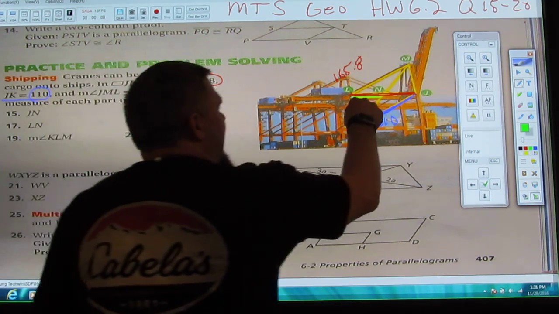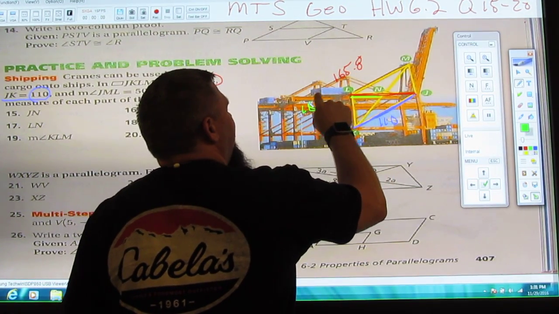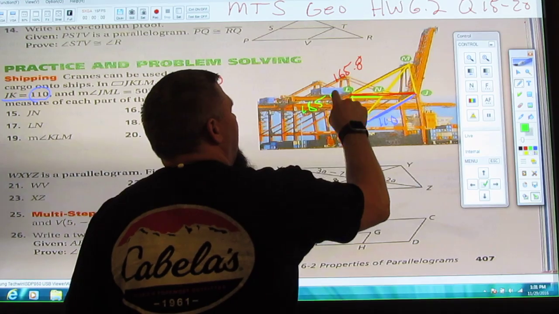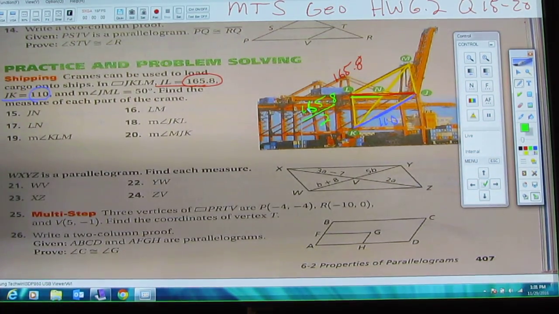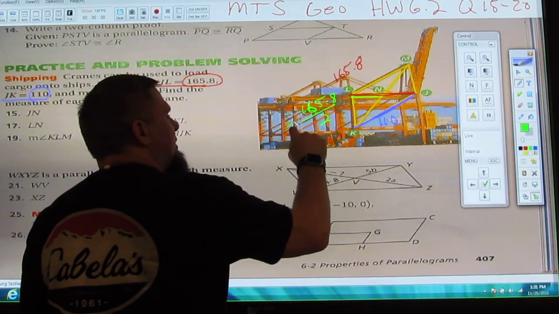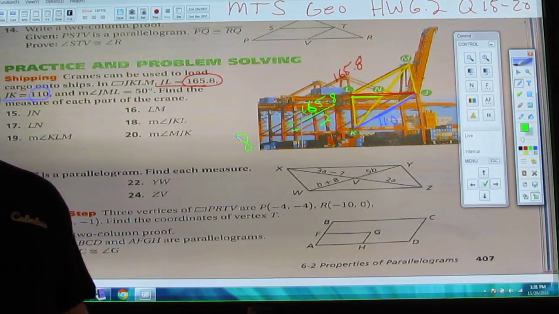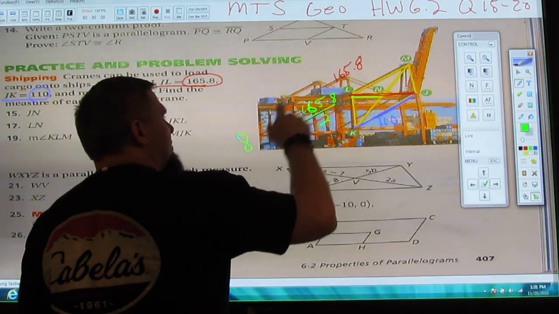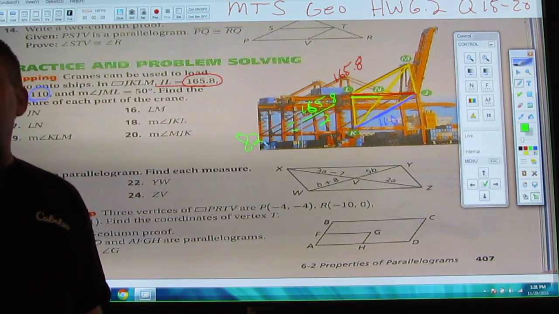Okay, this is half. So it's 165.8 divided by 2. So what is 165.8 divided by 2? Well, 16 divided by 2 is 8. And 5 divided by 2 is, well, there's 2 of them, right? And then that leaves 1 left over.